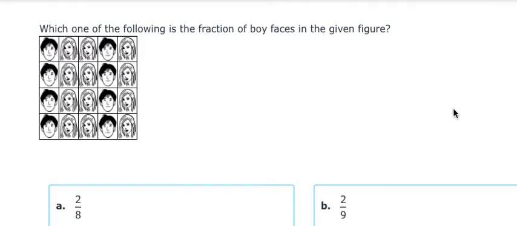The common factor is 4. In the 4 table we get 8 and 20 both. 4 twos are 8, 4 fives are 20. So the answer will be 2 by 5.